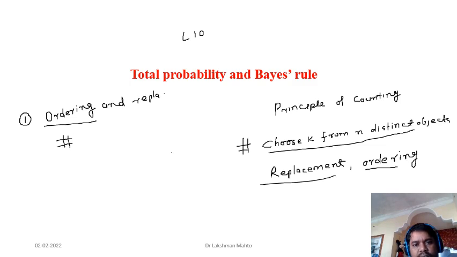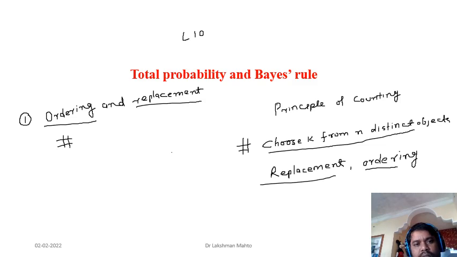What would be that desired number of counting? NPR. In NPR, you remember that we write there is ordering without replacement. That is the formula for NPR. But here I am saying ordering and replacement both.